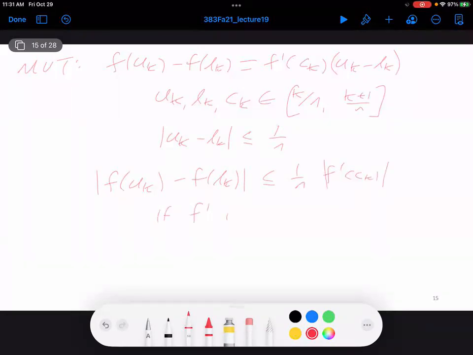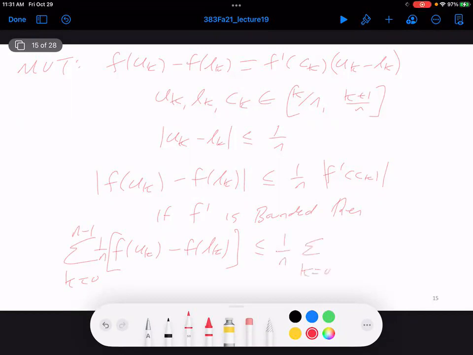If f prime is bounded, then we get the sum k goes from 0 to n minus 1 of f of u_k minus f of l_k, and then we had a 1 over n, is going to be less than or equal to 1 over n, the sum k goes from 0 to n of b times 1 over n.